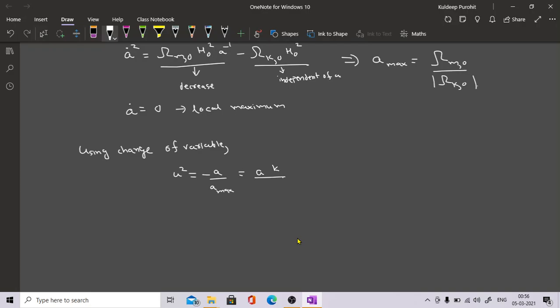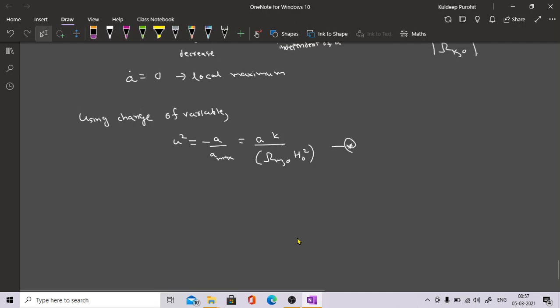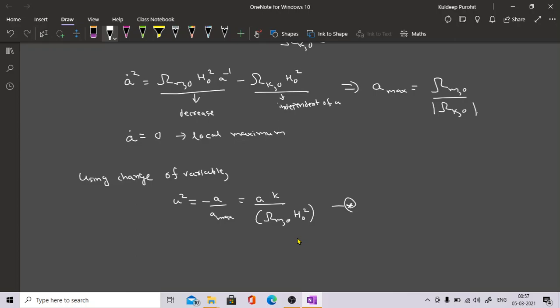I am substituting the value of k here. So it will be omega m0 into H0 square. Okay, so this is the thing you are having, and if you substitute this value, we are writing u square in terms of a.